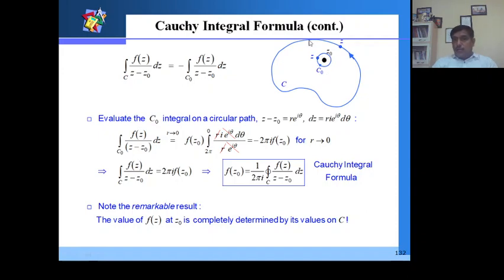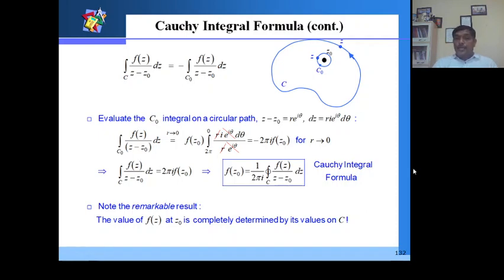Here we can draw a circle with center z naught, and z is a point on C naught, then z minus z naught is r e power i theta, the equation of a circle. If you use this equation and differentiate with respect to z, then dz is equal to, because z naught is a point, a constant number, that becomes 0.